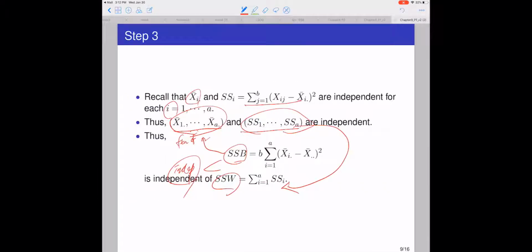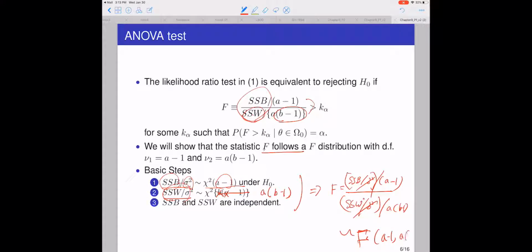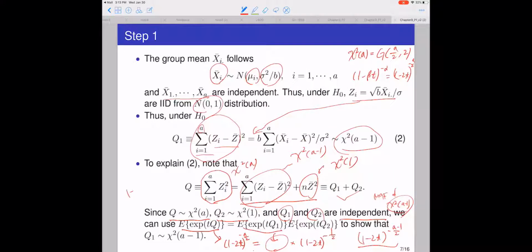That proves the three results, and so that gives the F statistic: SSB over sigma square divided by degrees of freedom, and SS within over sigma square divided by degrees of freedom, and sigma square cancels. Numerator and denominator are independent, so they follow an F distribution with A minus 1 and A times B minus 1 degrees of freedom. Okay.